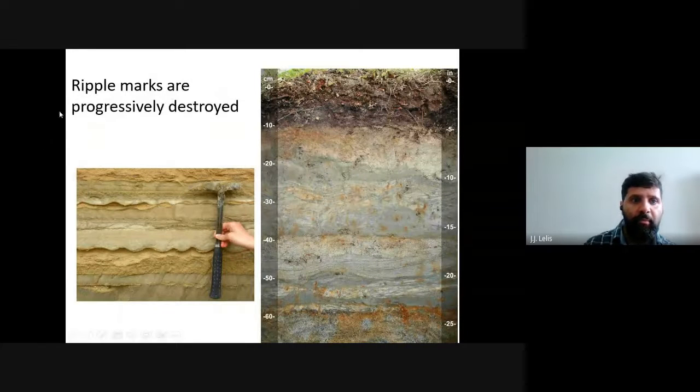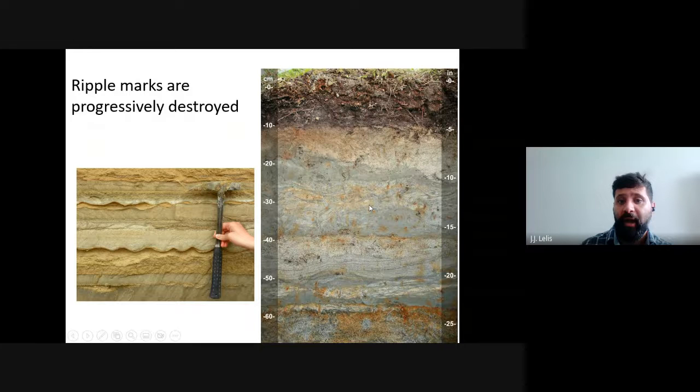The ripple marks are progressively destroyed by bioturbation through time, because we have a lot of materials that are organized in layers, and these layers are progressively destroyed by the bioturbation, the weathering and leaching, and we can hardly find this morphology in paleosols, because time helps to destroy these marks that help us to understand easily that these horizons and these layers and all this soil was formed by alluvium or colluvium.